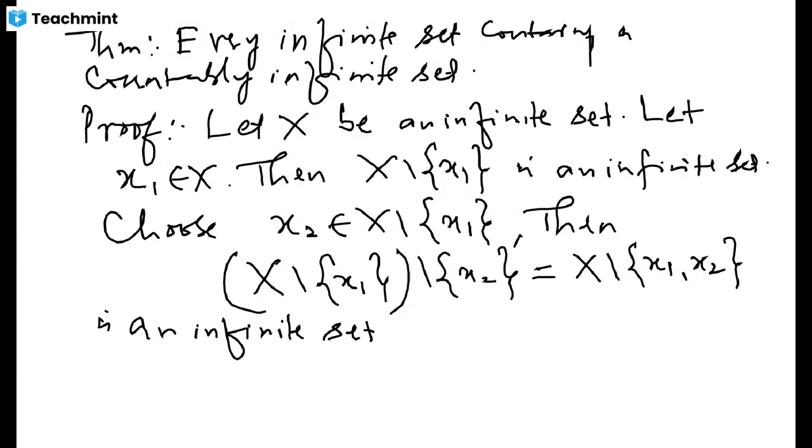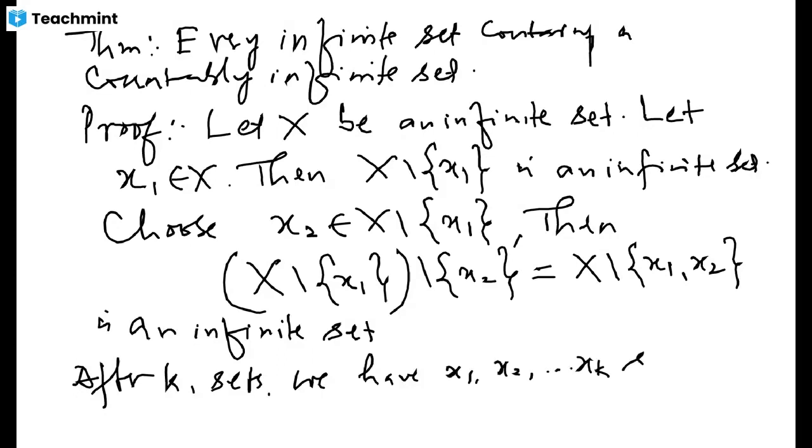Continuing in this way, after k steps, we have x1, x2, and so on up to xk. We have chosen these k elements such that X minus x1, x2, up to xk is an infinite set.